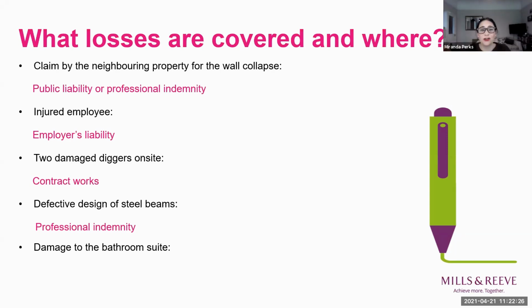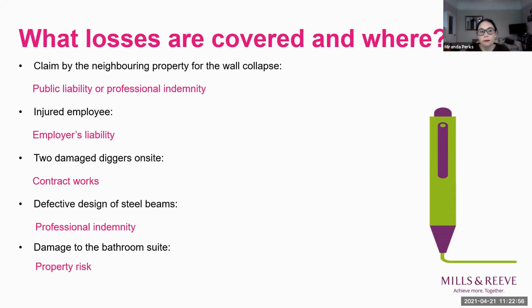So this is another tricky one, and there are a few possible answers here. We're assuming that the unused part of the hotel doesn't form part of the contract works. So if the owner of the hotel is in possession of this part of the hotel and has the correct property risk cover in place, then the most straightforward and easiest route would be for the owner to make a claim against his own property risk policy.